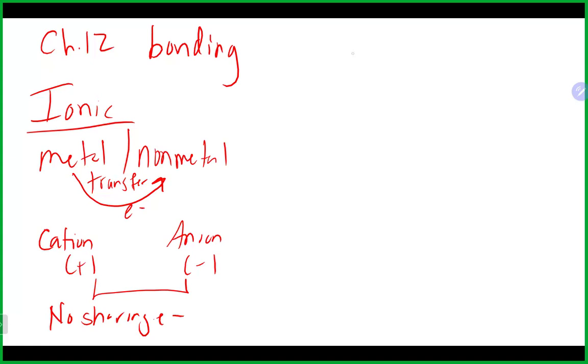Now, the other type of bonding is a covalent bond, and a covalent bond is basically between two nonmetals. And the deal with that, again, is because they are both nonmetals in this case, they both have pretty much the same type of periodic trends, which ultimately means that they both want to hang on to their electrons.